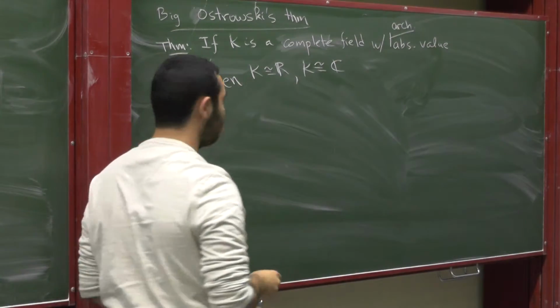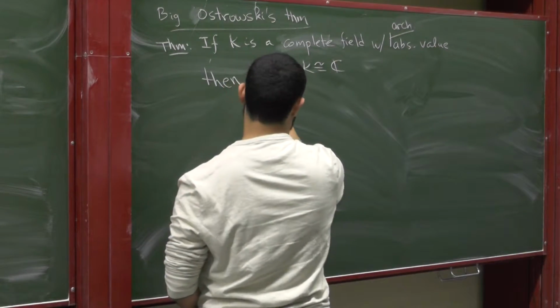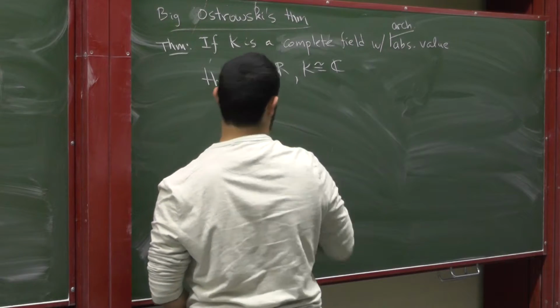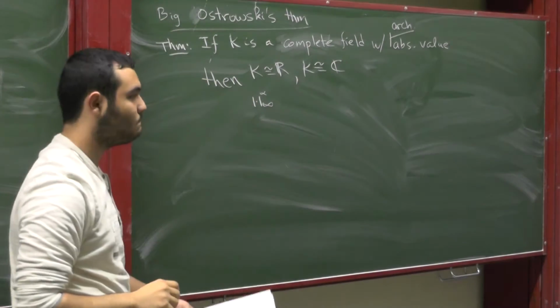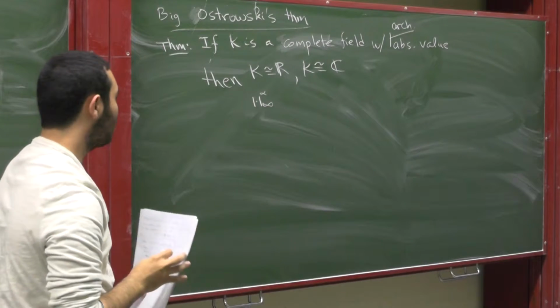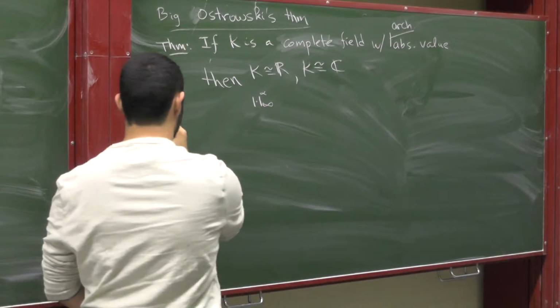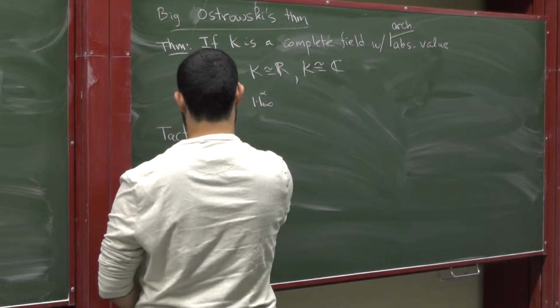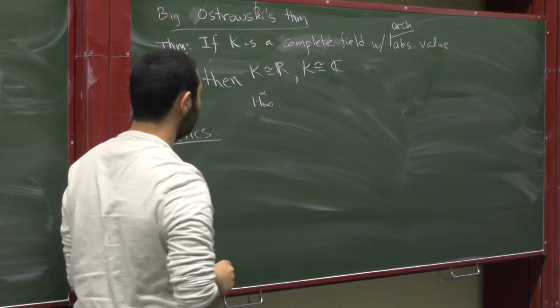And the absolute value on K is basically the standard absolute value to some power. Okay?